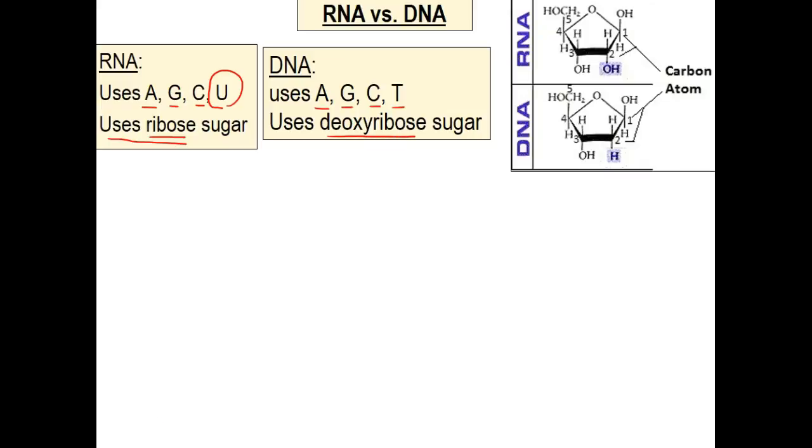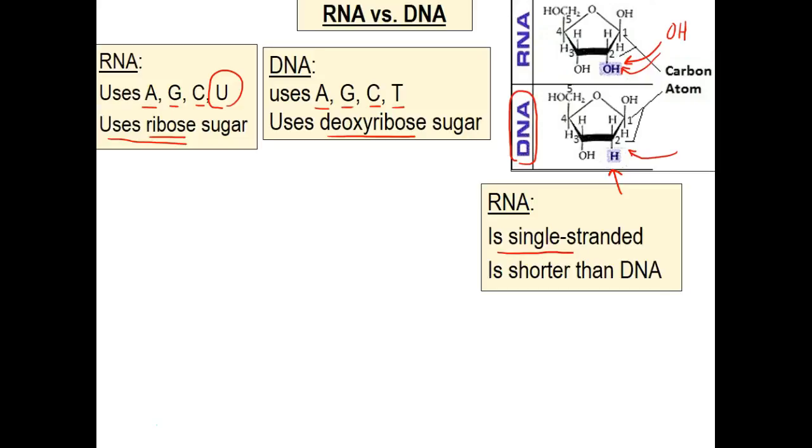What's the difference between the two sugars? It has to do with the number 2 carbon on the pentose ring. In deoxyribonucleic acid, the number 2 carbon has a hydrogen, and in RNA, the number 2 carbon has the hydroxyl. So the oxygen is missing in DNA, hence the term deoxy.